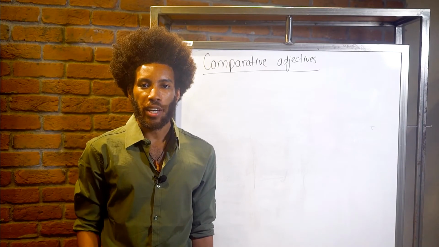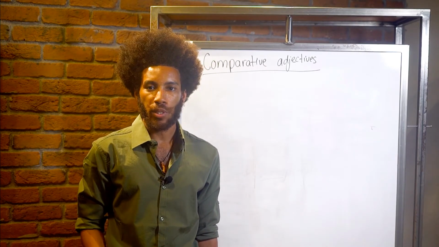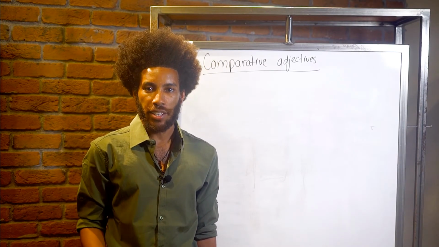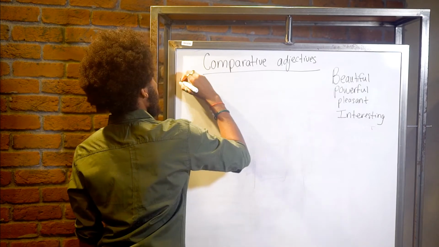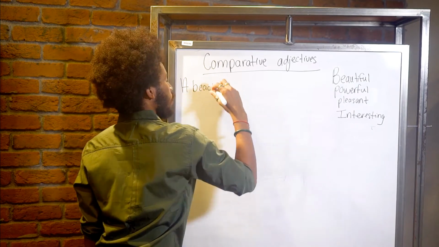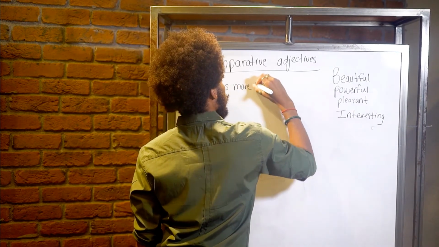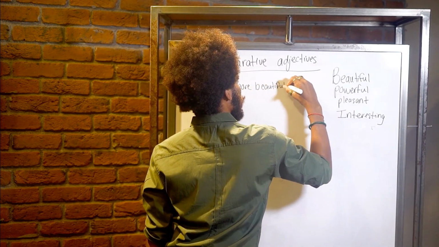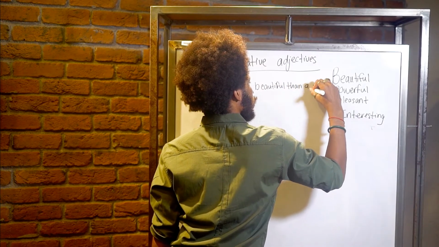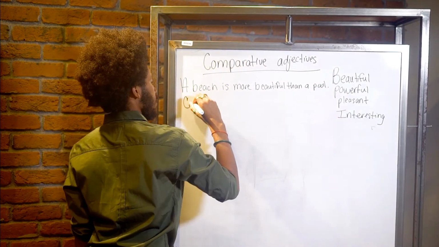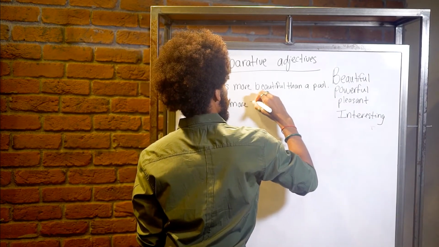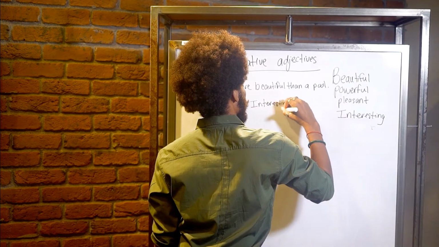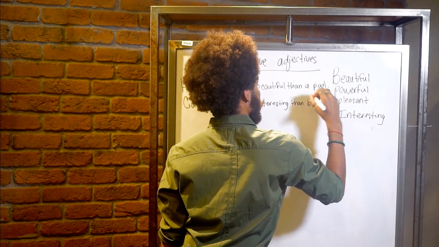If the adjective you would like to use has multiple syllables, then you need to put more in front of the adjective to create the comparative form. I will give you a few examples. A beach is more beautiful than a pool. Cars are more interesting than bikes.